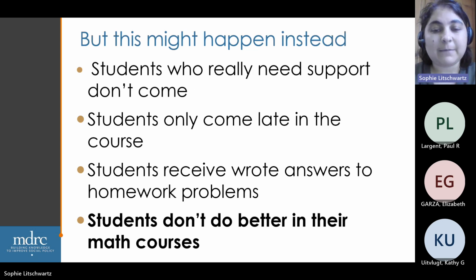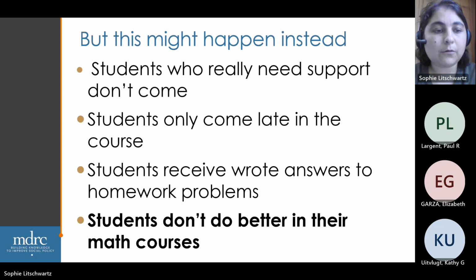But I might have this happen instead, which is students who really need support don't come. Students only come late in the course when it's really too late to help them. Or students receive a lot of rote answers to homework problems, and then the students don't do better in their math courses.